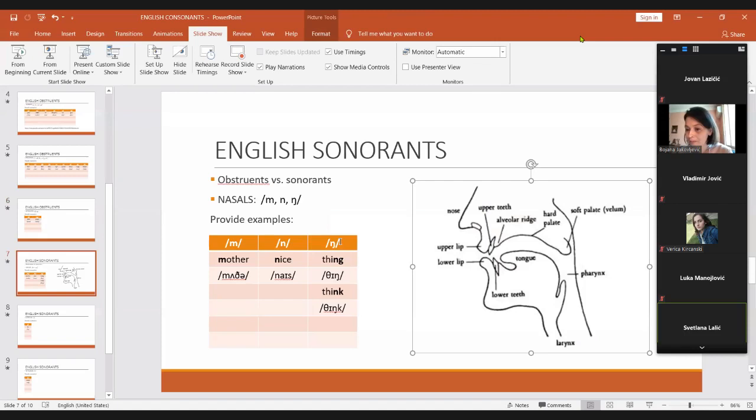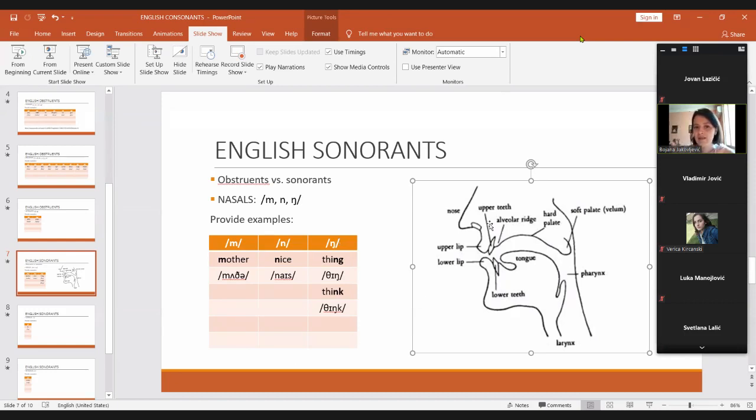Yeah, between the tip of the tongue and the alveolar ridge, right? When you say n, we will practice this one in great detail later on. For ng, there is a complete closure between the back part of the tongue and the velum or soft palate.